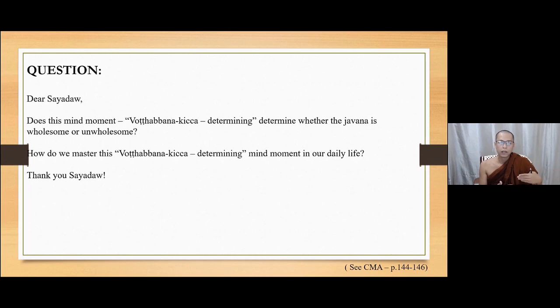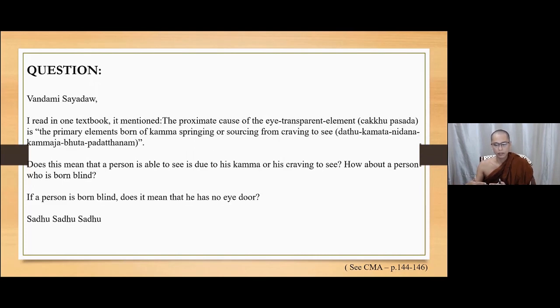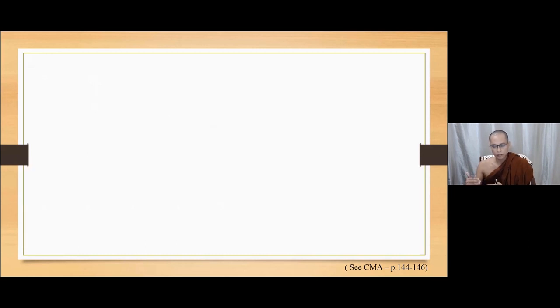For example, in the eye-door process, the five-door adverting is already introduced to the eye consciousness, and then the process goes through receiving and investigating, but it still seems not ready to relate to the Javana process. That is why the mind-door adverting arises to determine again.